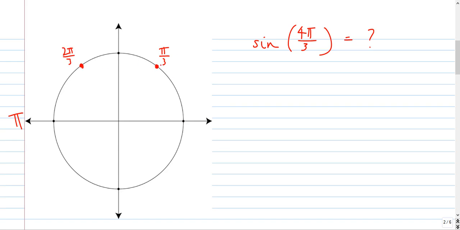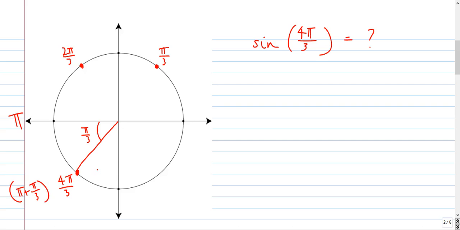So if I start here, 1, 2, 3 pi on 3, so 4 pi on 3 is going to be round here somewhere. What we've effectively done is gone another pi on 3 past pi. So this is pi plus pi on 3, is another way of thinking about it.